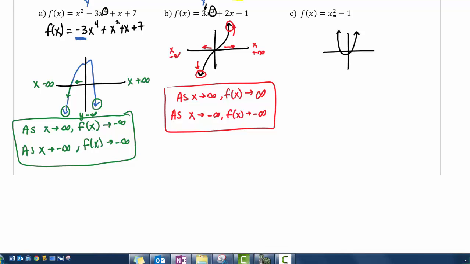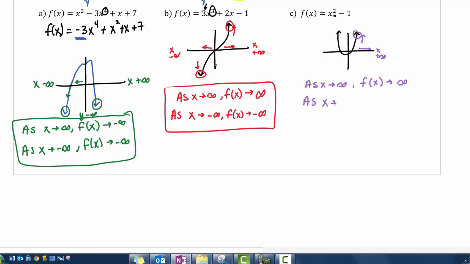So I need to find the end behavior. So as x approaches positive infinity, that means as x goes to positive infinity, where are my y values going? They are going up. So f of x is approaching positive infinity, because this side is going to go all the way up to positive infinity.